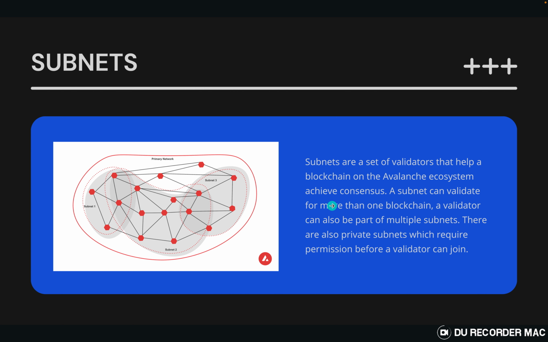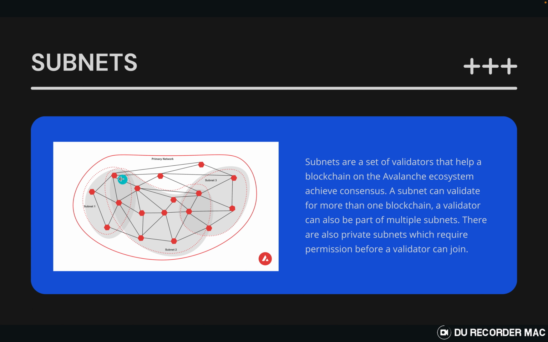Now a subnet can validate for more than one blockchain, right? So basically this primary network, I already mentioned, is made up of 3 chains that Avalanche has already created, including the C chain. Now the primary network is supported by all the subnets on the Avalanche ecosystem.